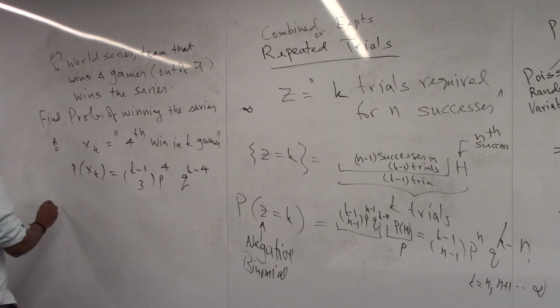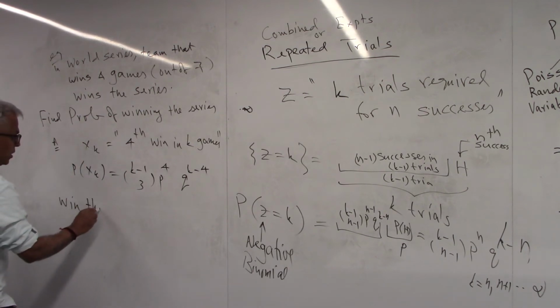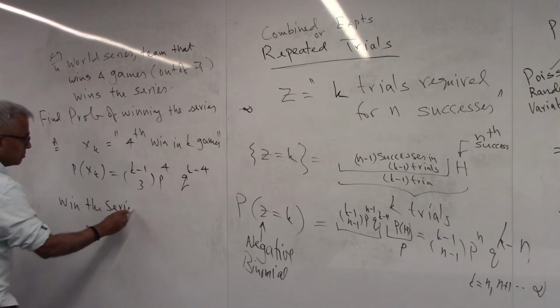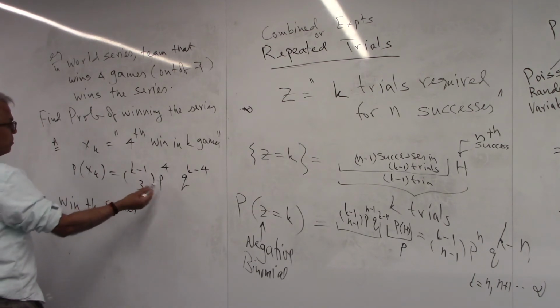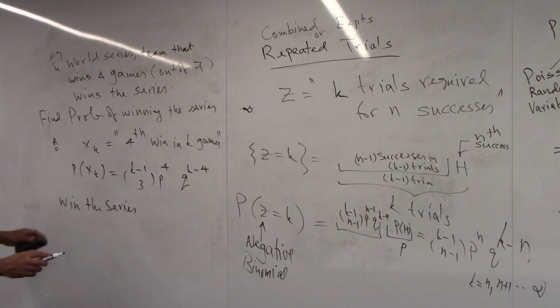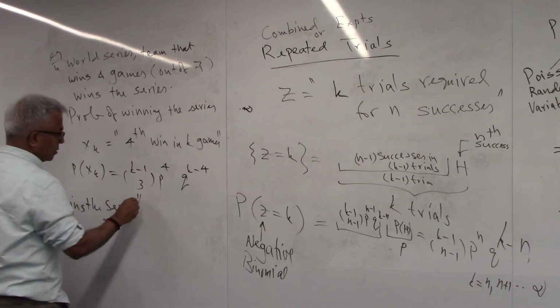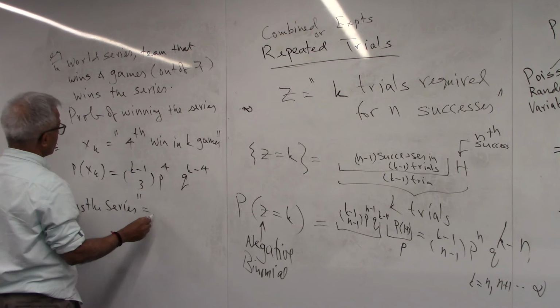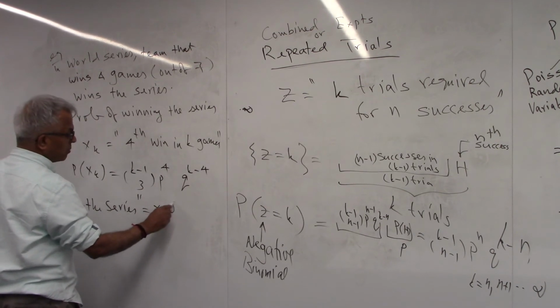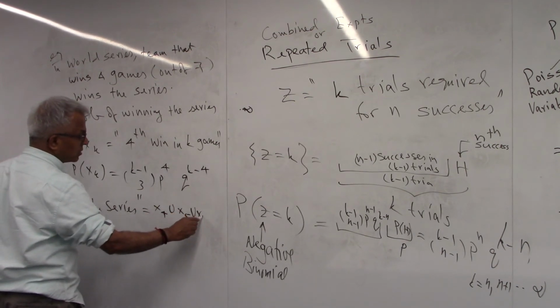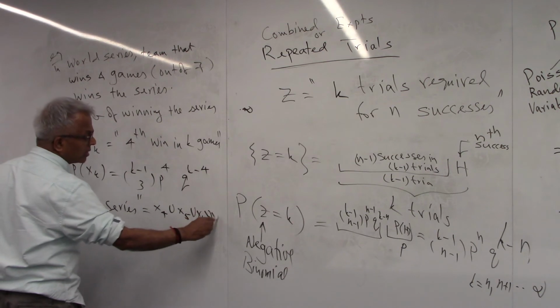But to win the series, of course, here p is whichever team we are looking at. So let's say team A wins the series. That means either X4 has to happen, or X5, or X6, or X7.